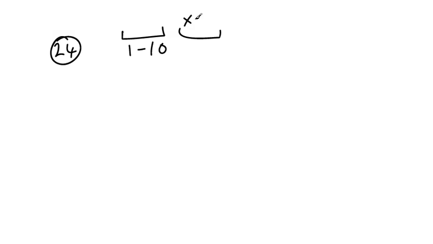Okay, 24 is asking us to put the sets of numbers written in scientific notation in size order. So here, because scientific notation is always written with a number between 1 and 10, we then always have the times 10, and then we have a different exponent.